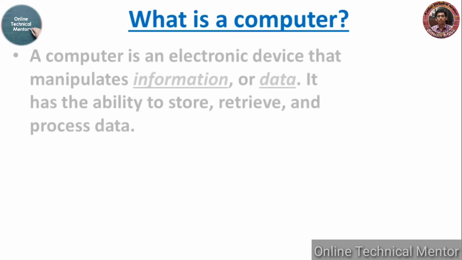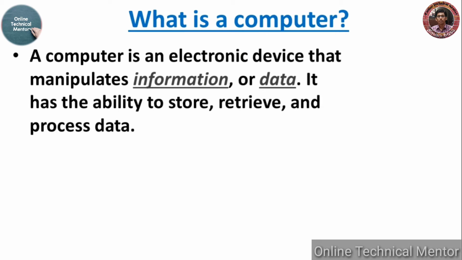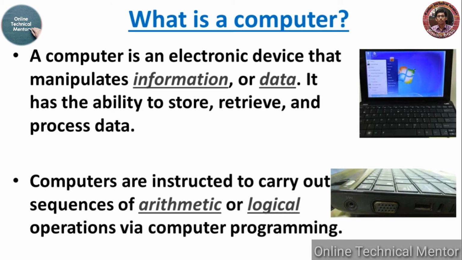What is a computer? A computer is an electronic device that manipulates information or data. It has the ability to store, retrieve, and process data. Computers are instructed to carry out sequences of arithmetic and logical operations via computer programming.